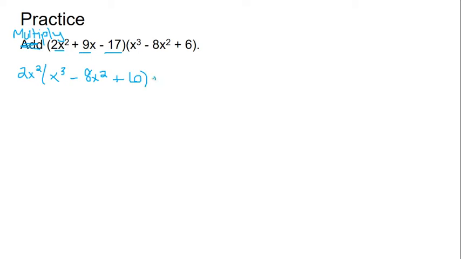Then we're going to have our plus 9x times the second polynomial again of x cubed minus 8x squared plus 6. And then our last one, minus 17 times that same polynomial x cubed minus 8x squared plus 6.